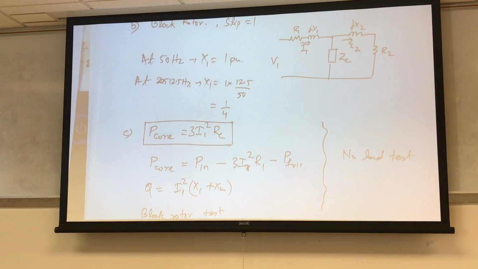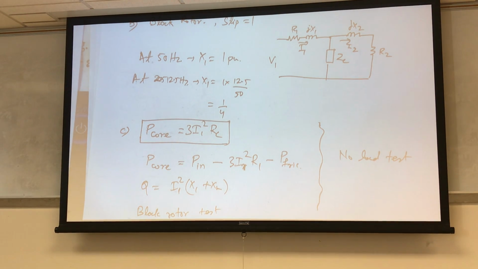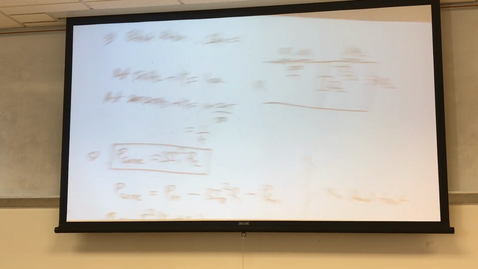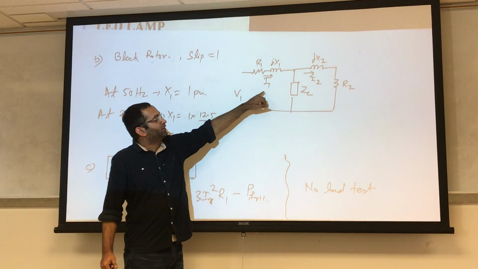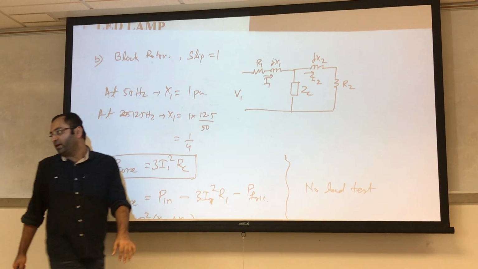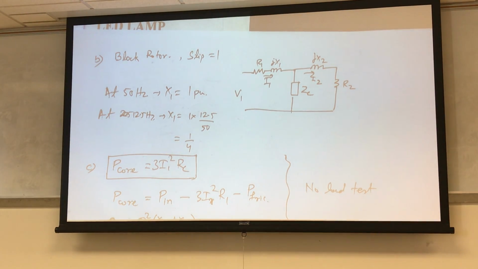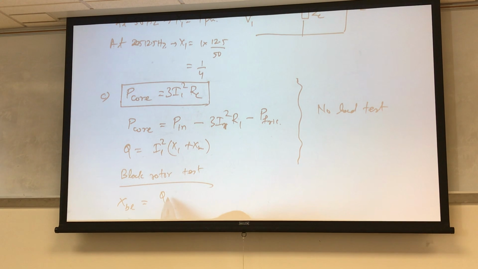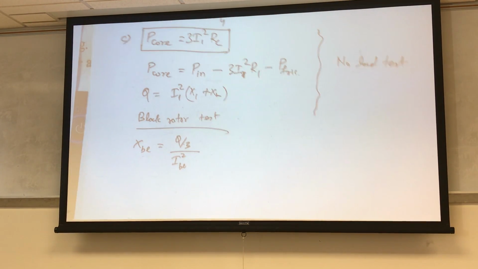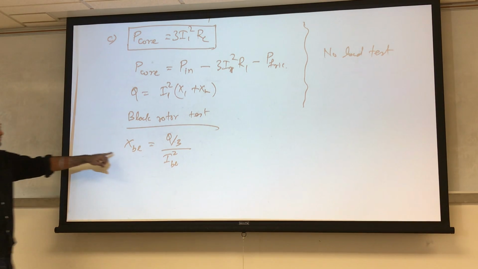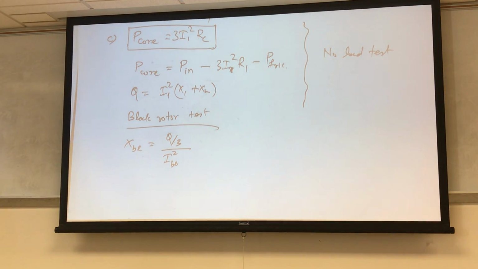You find the Q for the blocked rotor test. When you find the V1 and I1 in the blocked rotor test, you can easily find the power from there, and from there you can find the Q. So once you have the Q, you can directly find the blocked rotor impedance using this formula.